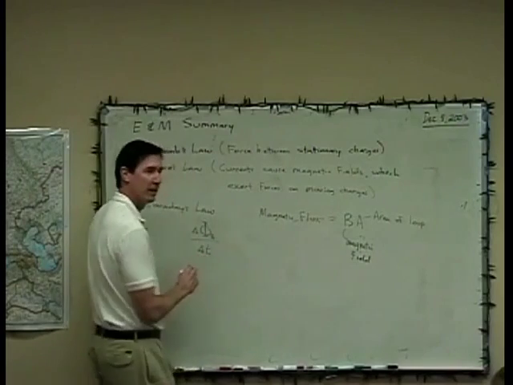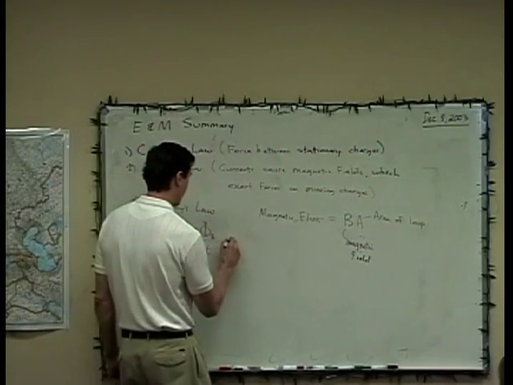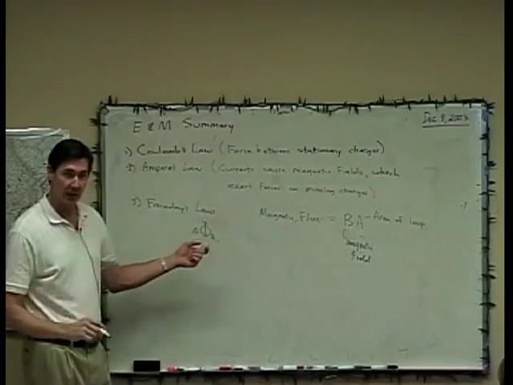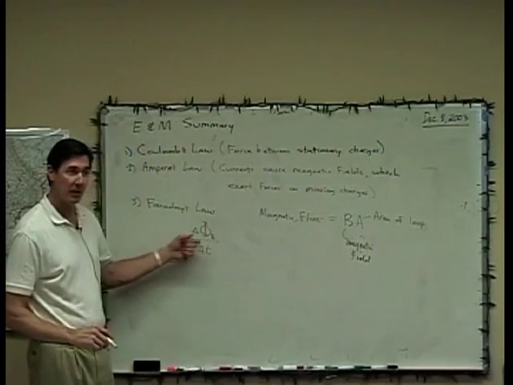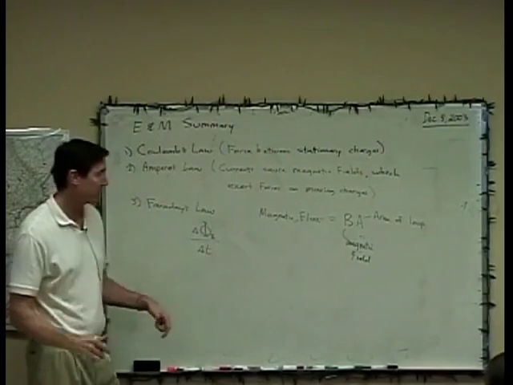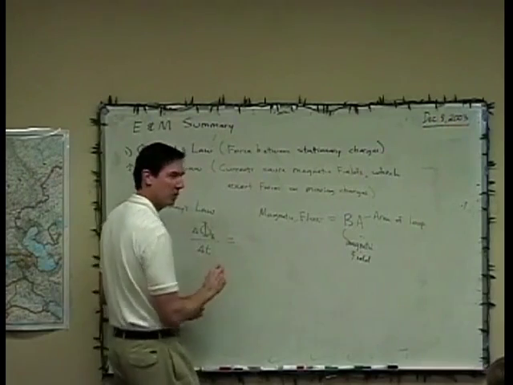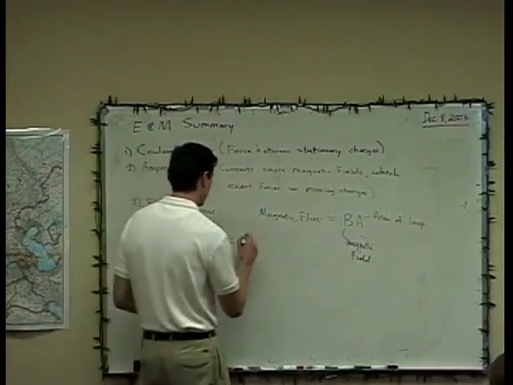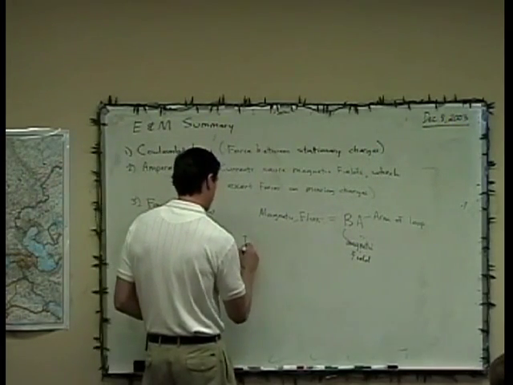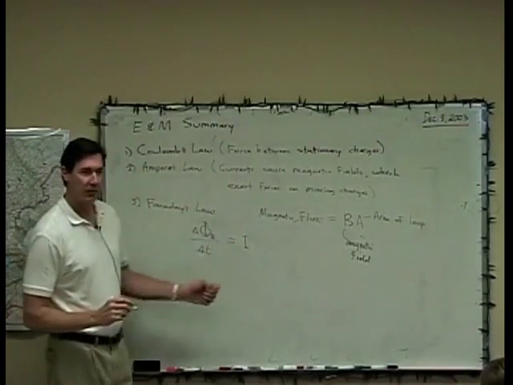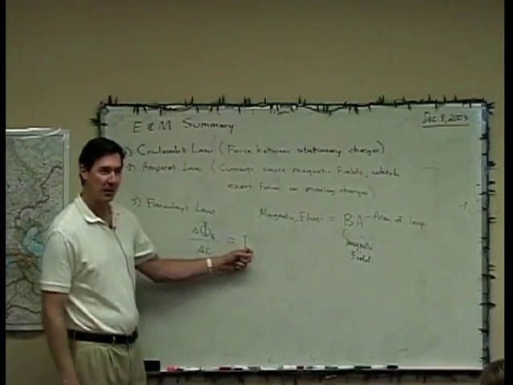So I told you that the rate of change of the magnetic flux was proportional to the current that's created in the loop. Now, I'll go ahead and make this into an equation this time and tell you what else it depends on. The first term over on this side of the equation is the current.